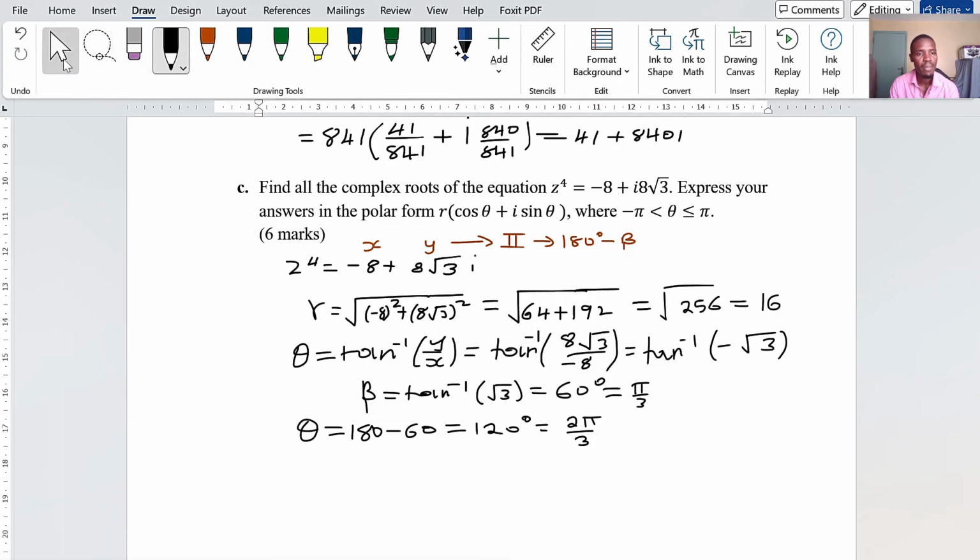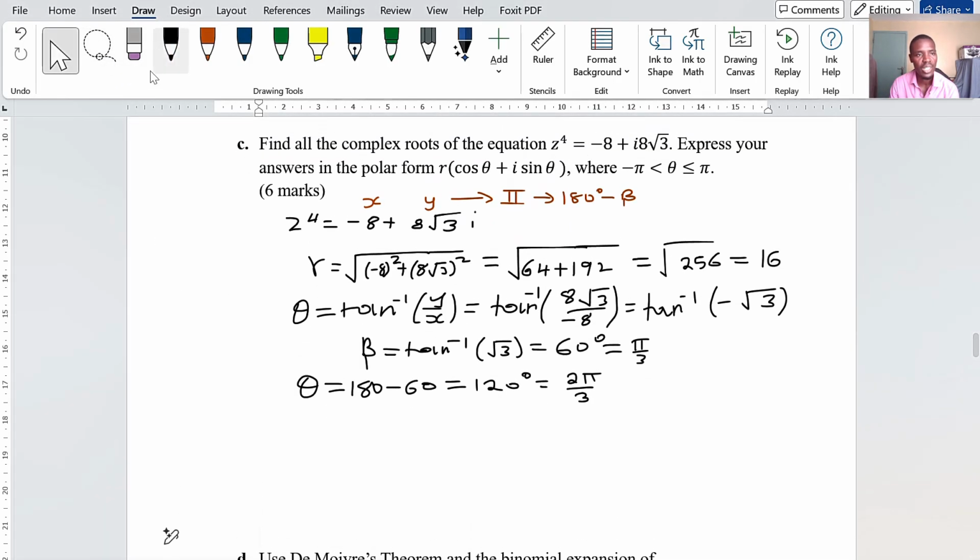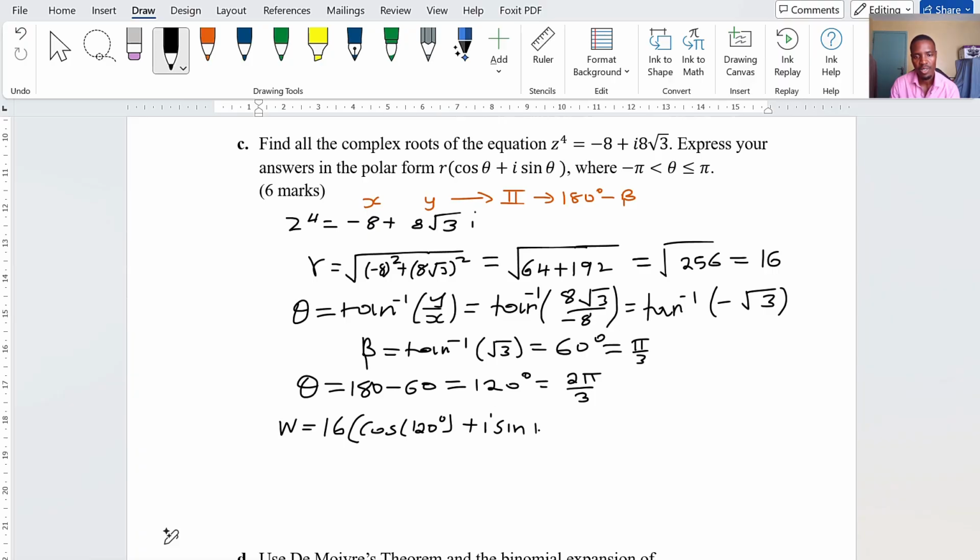Now our w, which is our root, will be expressed as our r. Remember, we were told r cos theta plus i sin theta, and r is 16 into bracket cos 120 degrees, then plus i sin 120 degrees.